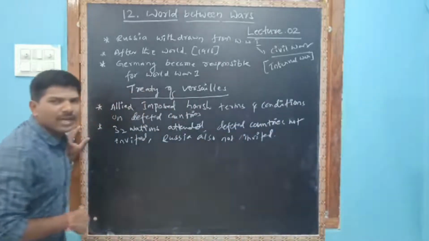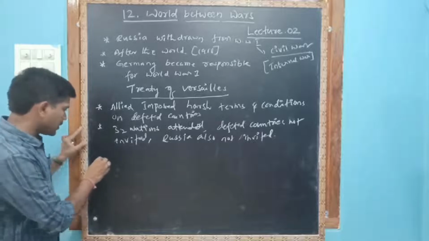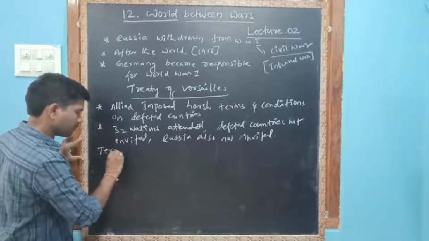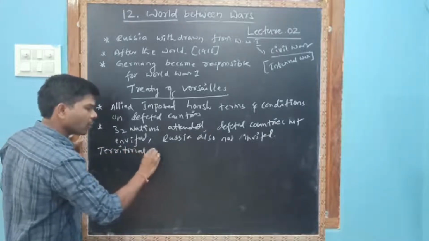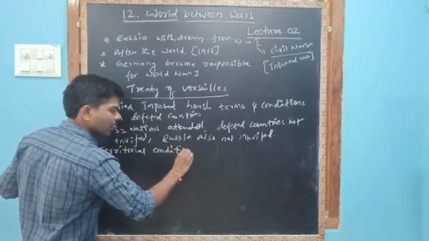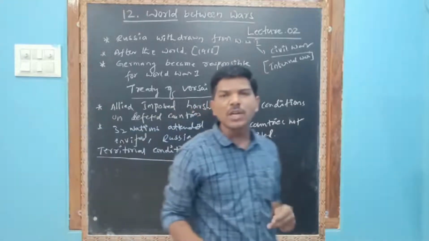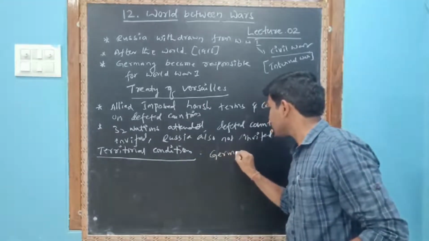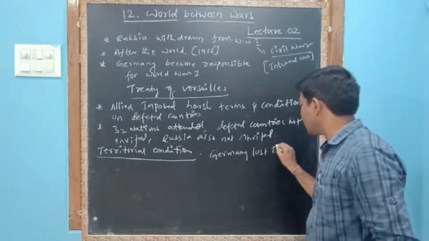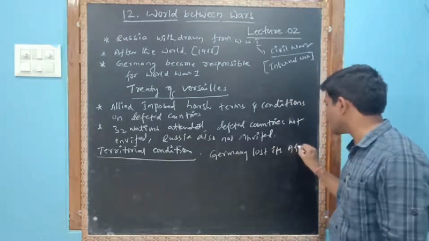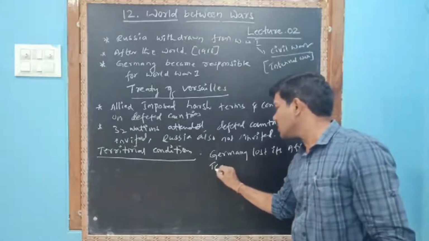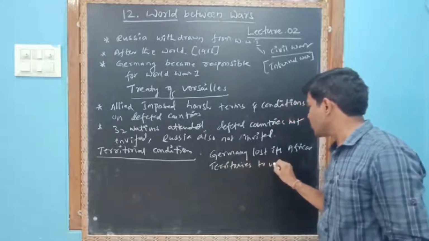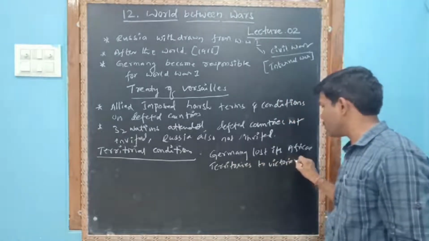See what penalties they imposed. First of all, territorial penalties, the territorial conditions. Under the territorial conditions, Germany lost its African territories to the victorious countries.